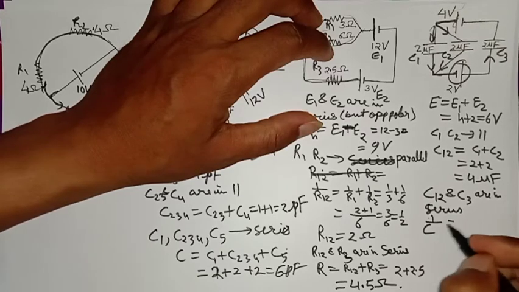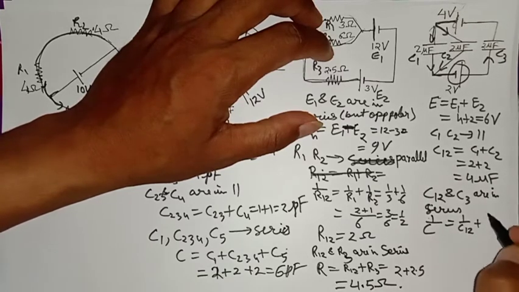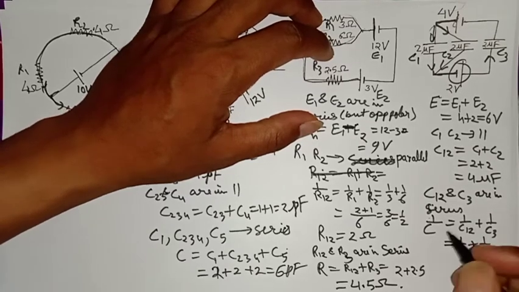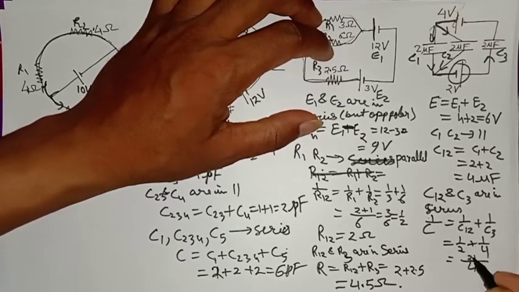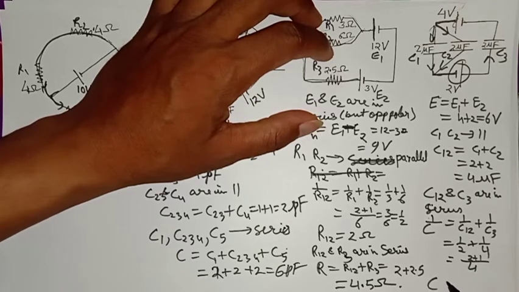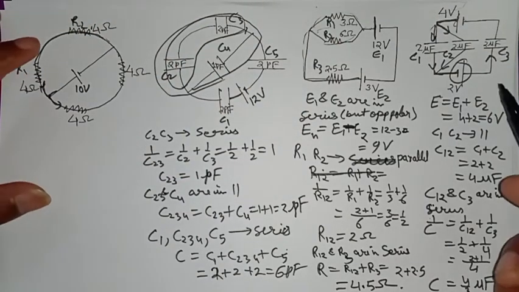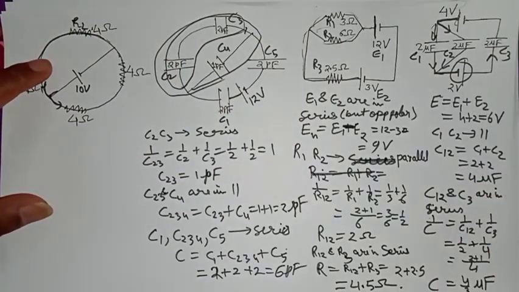So 1 upon C is equal to 1 upon C12 plus 1 upon C3, 1 upon 2 plus 1 upon 4, and that is 2 plus 1, that is 3 by 4. So C equal to 4 by 3 microfarad. And once again, it is a question for you, find potential difference across each capacitor.